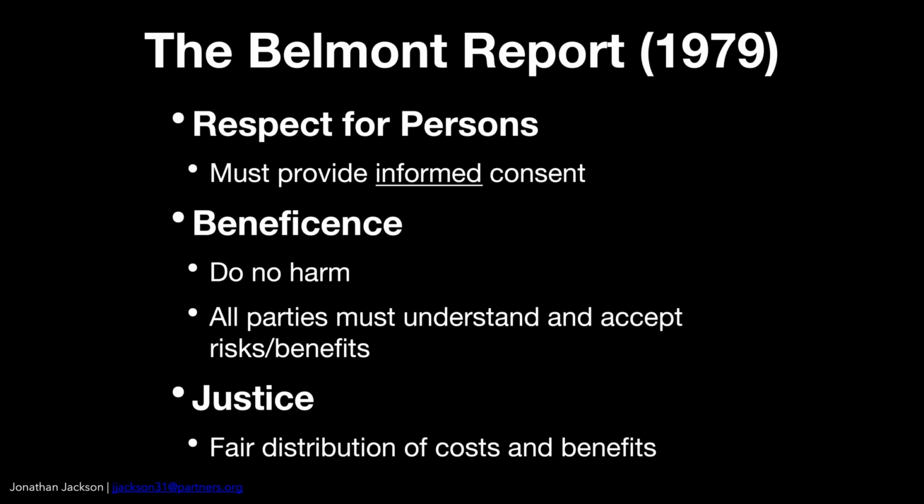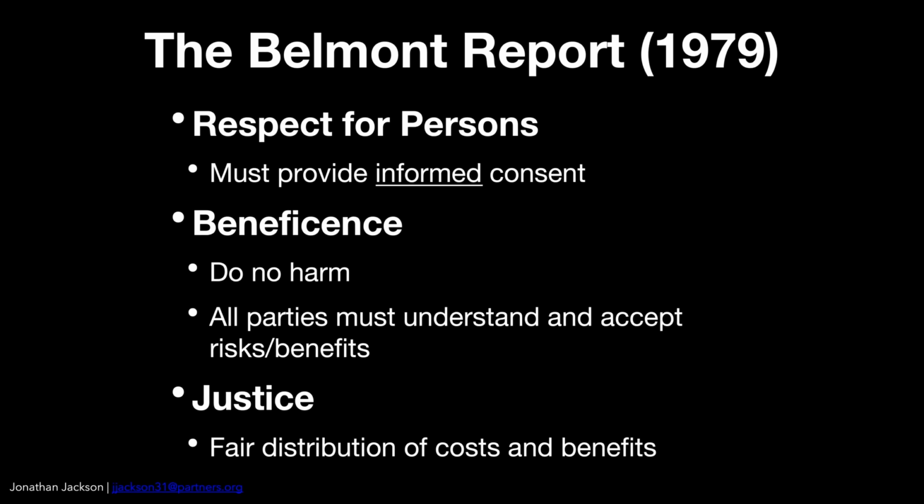I promise this is not going to be a civil rights soapbox, but this is a really crucial look into the history of recruitment science. So we need to talk about what happened after the Tuskegee study, which is that the Belmont Commission was formed in 1974, and in 1979, they published their report.